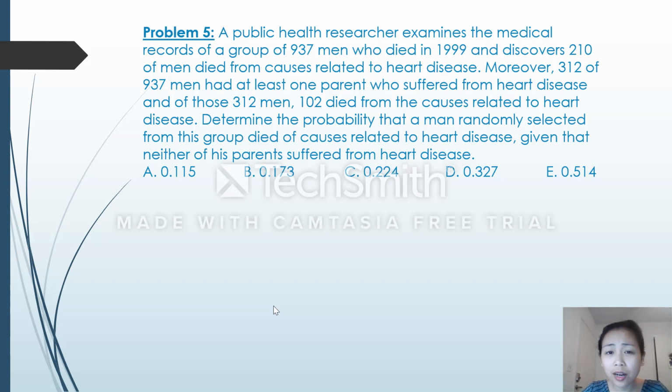So here we have whether the man died from the disease or not from the disease as one group of events, and whether the man has at least one parent who suffered from heart disease or not is another group of events.